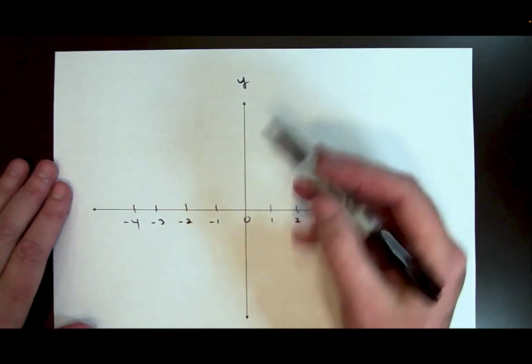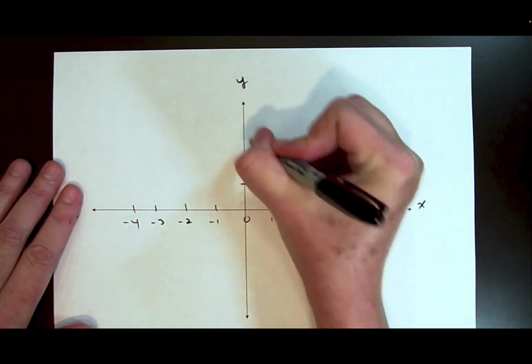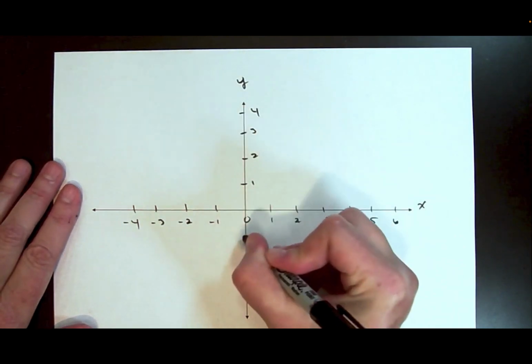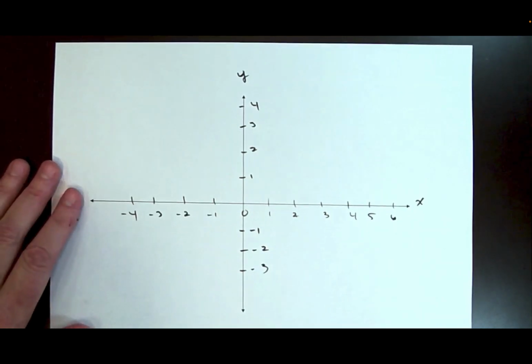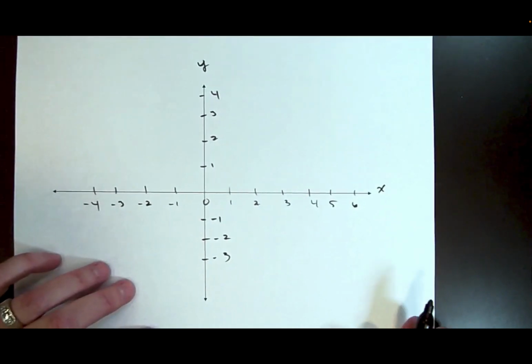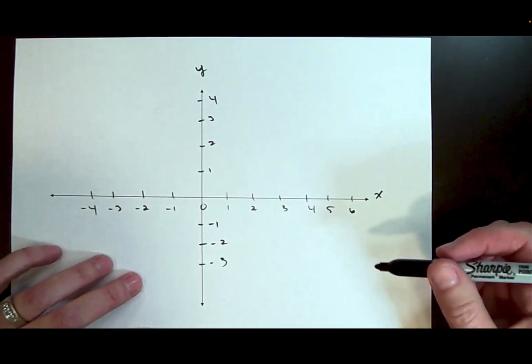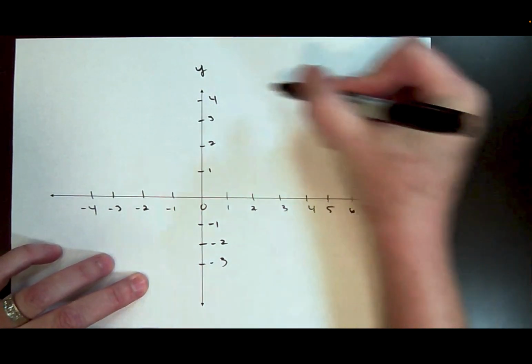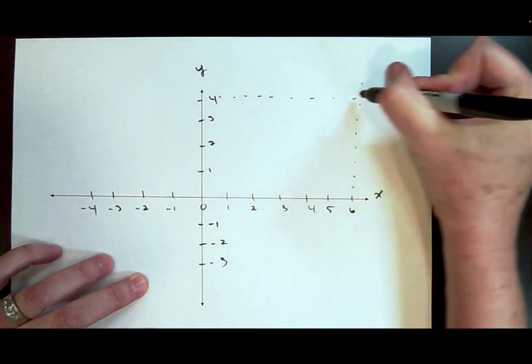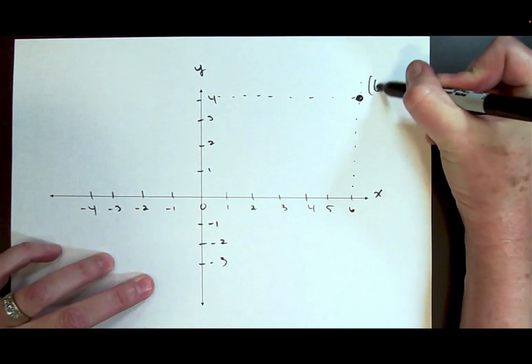The vertical number line has positive numbers going up, negative numbers going down. And so to graph, say, 6, 4, you go above the 6 and across from the 4, and that's 6, 4.